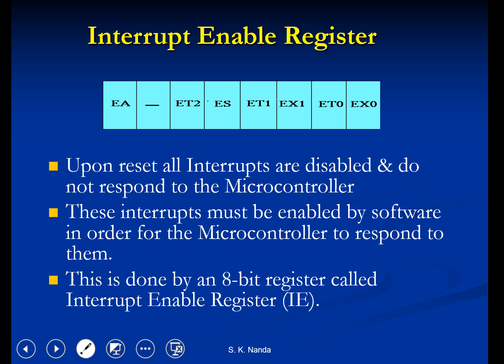This is a bit addressable register in which the EA value must be set to 1 for enabling the interrupt. The individual bits in this register enable the particular interrupt like timer, serial and external inputs. If we consider the IE register shown in the figure, a bit corresponding to 1 activates the interrupt and 0 disables the interrupt.